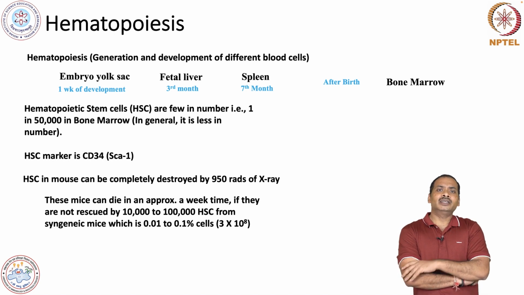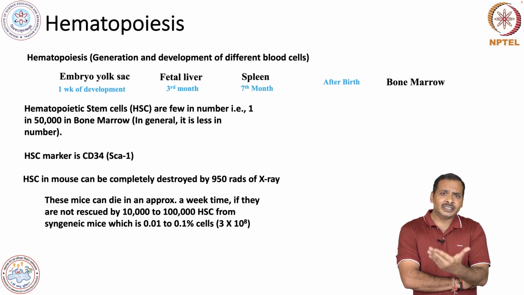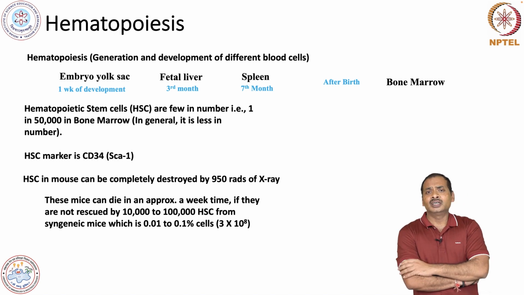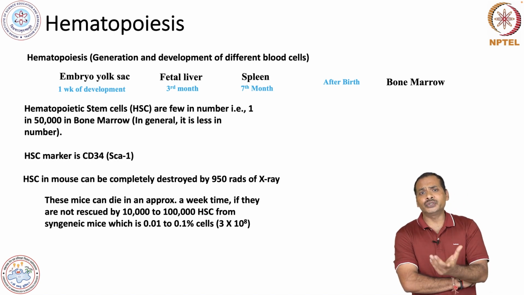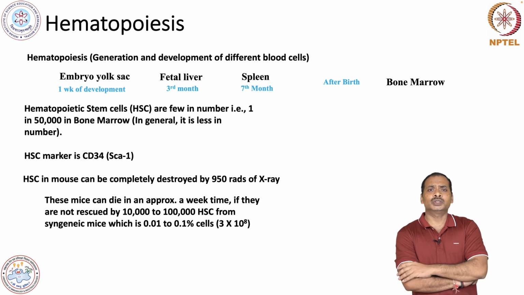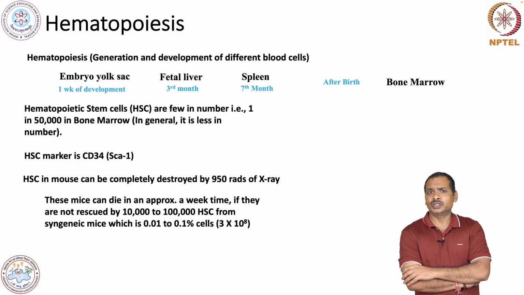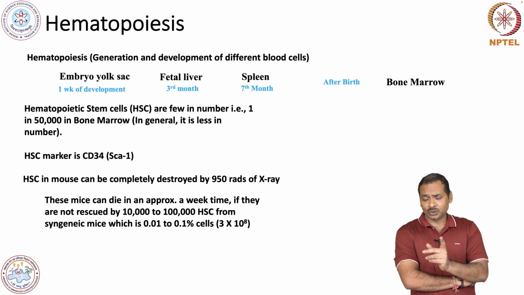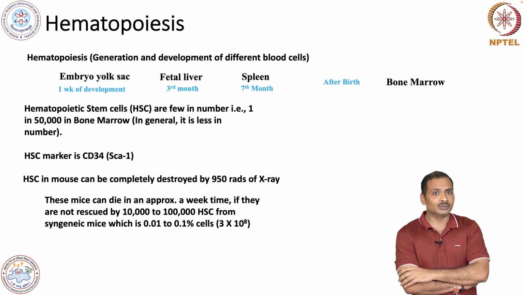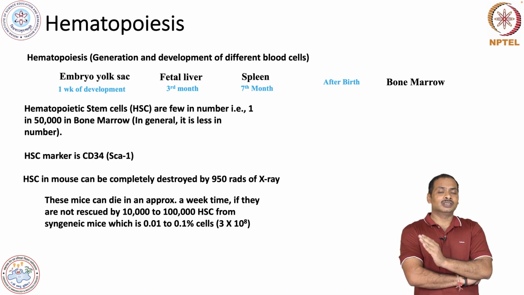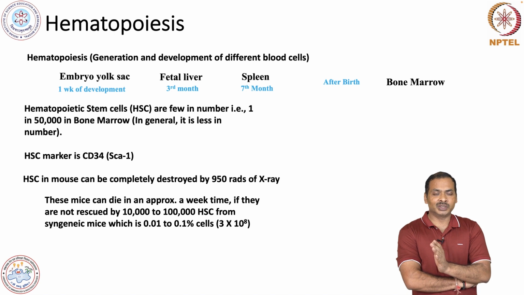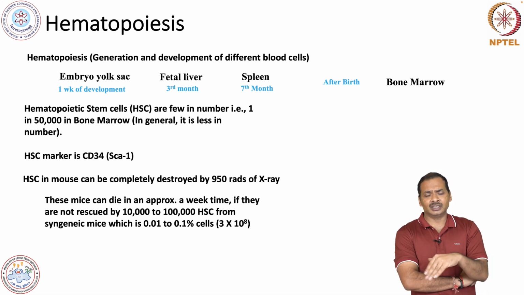Okay. And if you irradiate these mice with X-ray, and then infuse these mice with say 10,000 or 1 lakh of these hematopoietic stem cells. Please note, these stem cells should be derived from syngeneic mice. So, there is a very big difference between syngeneic mice and other mice.